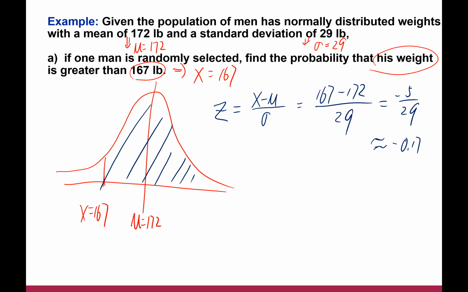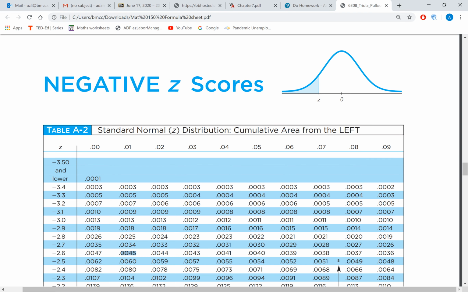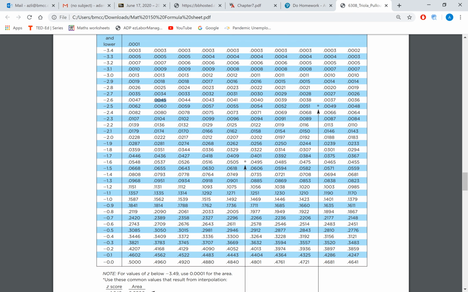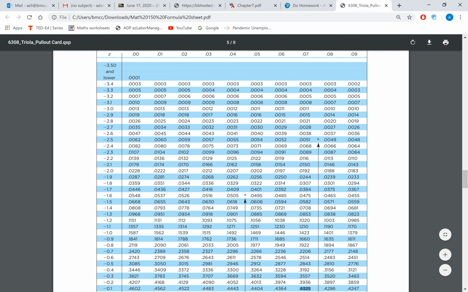And again, go back to table A2, first page, and look for the area to the left. For -0.17, we get a probability of 0.4325. So that's the area to the left.